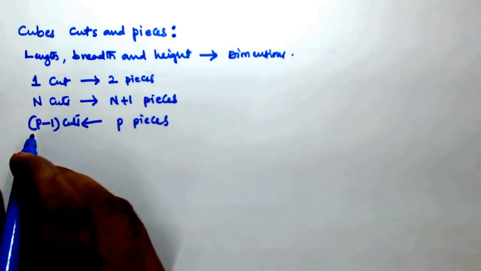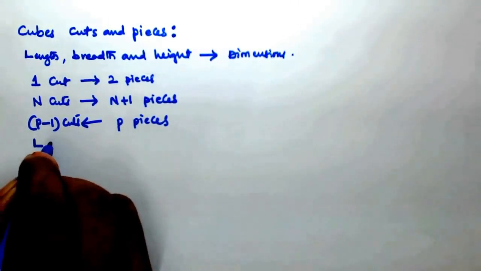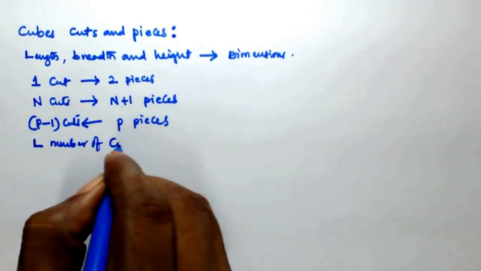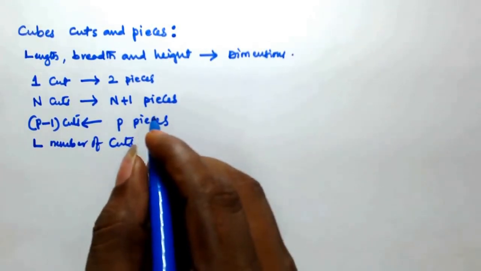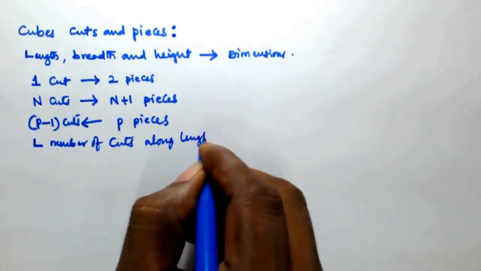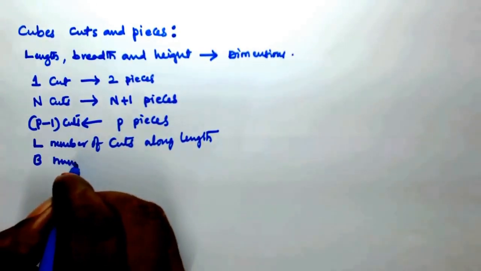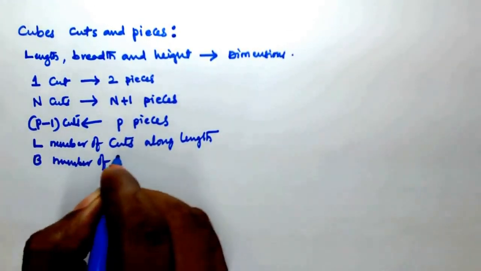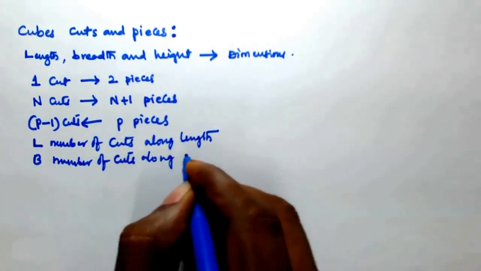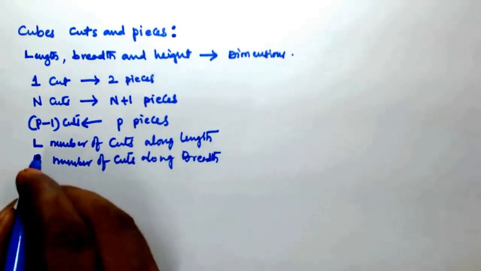So let us assume we have L number of cuts along length and B number of cuts along breadth of the cube.